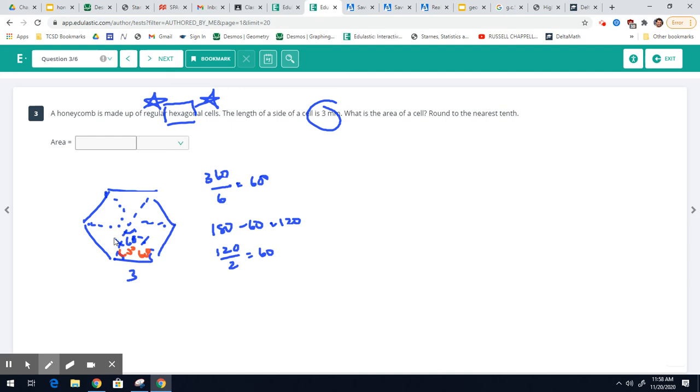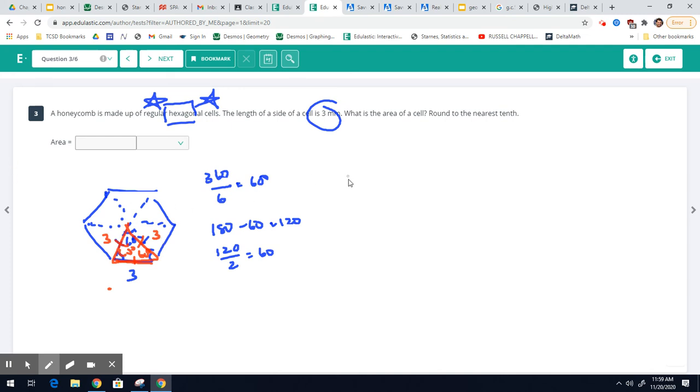And in a hexagon only, these triangles are equilateral. So if this side is 3, then so is the radius and the radius. 3, 3, and 3. And now you have some choice. Do you want to use Heron's formula, or do you want to use area equals 1/2 bc sine of A?